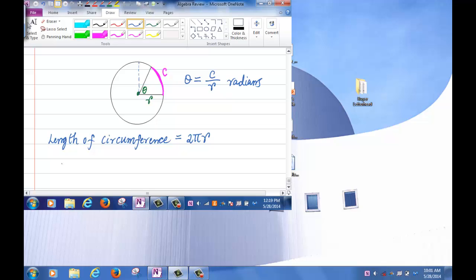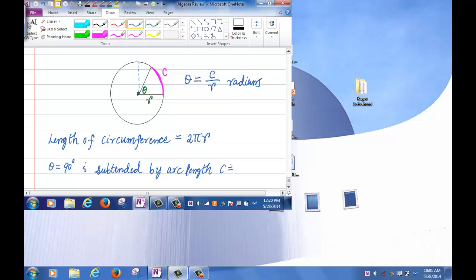So theta equals 90 degrees is subtended by arc length c equals to what?